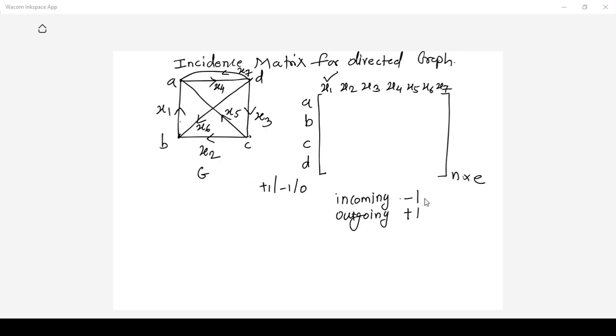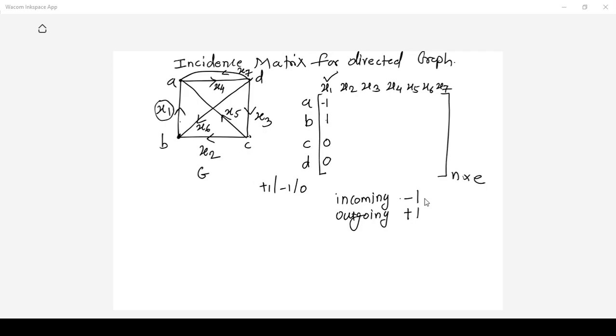The x1 edge connects the vertices A and B. So immediately I'll write nonzero values in the rows of A and B, the rest 0. Now whether it is plus 1 or minus 1, we need to check. Edge x1 is incoming for vertex A, so I write minus 1 in the row of A, and edge x1 is outgoing for vertex B, hence plus 1 in the row of B.